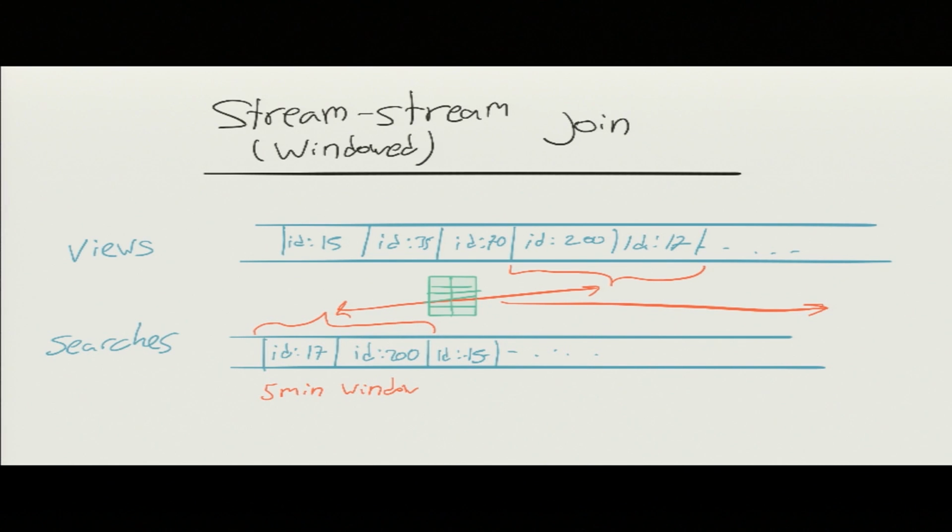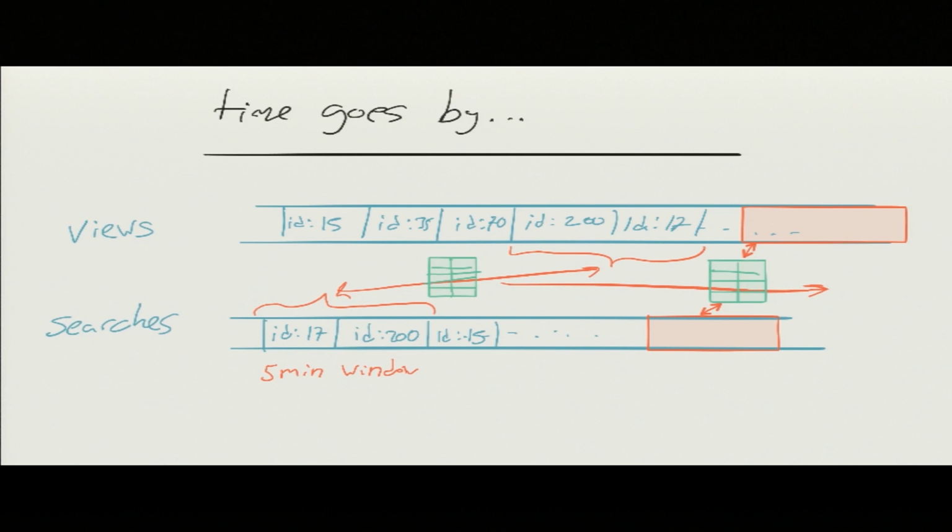And then we join them, and we match them to each other and see that if every search matches to a click, we can then output the results. And we keep doing that, right? Those windows just keep moving forward. So basically, you do kind of a window join on two streams and have a third stream of output results. All of it is kind of windowed and moving forward continuously.